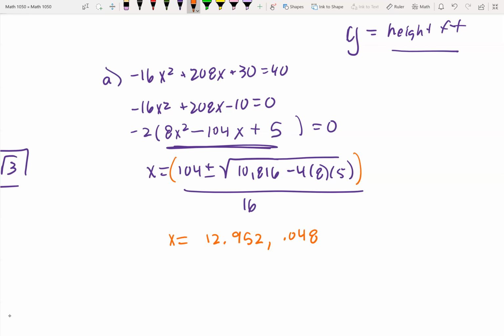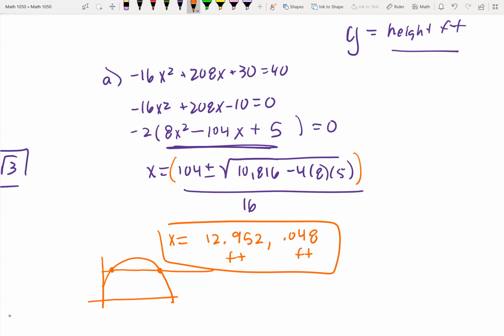Okay, now those values are fine. They're both valid. Here's why. This is a parabola that opens down, looks like that. Well, there's y equals 40, and it's actually going to hit there and there. So they're both valid. And this is in feet, so I'm going to put feet, and that's it. Remember, you can now store.